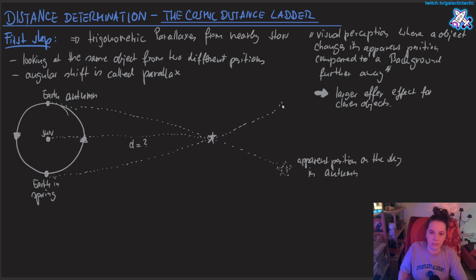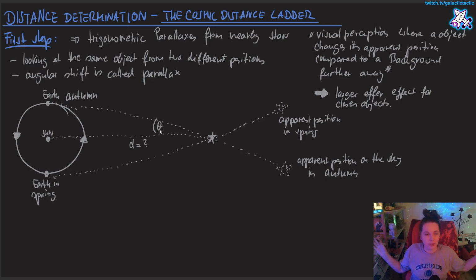And here, that is the apparent position on the sky in spring. And bam! There's an angle, trigonometry, case closed, done. Right? You all had trigonometry in school, I assume.